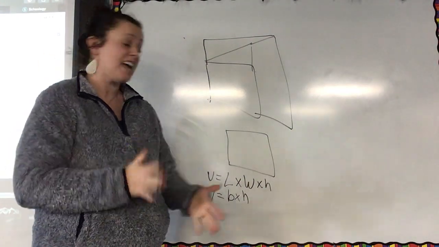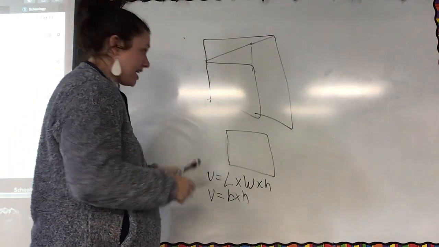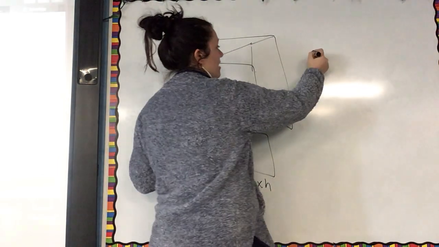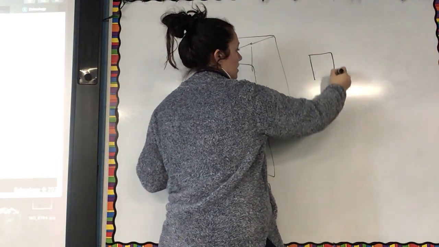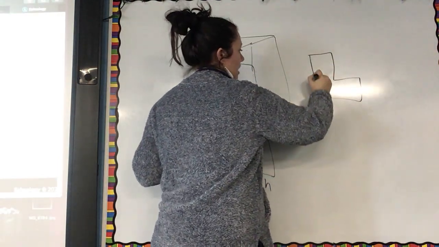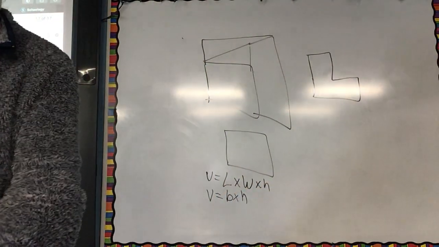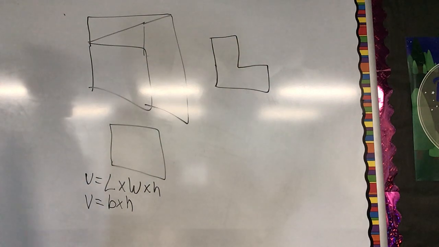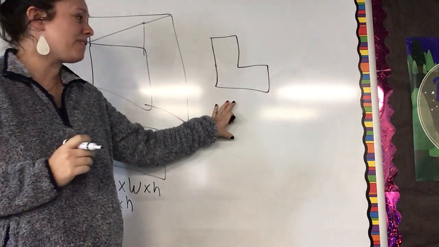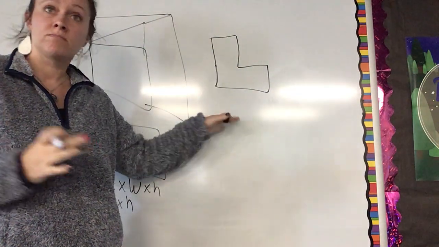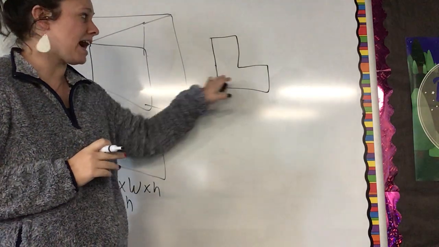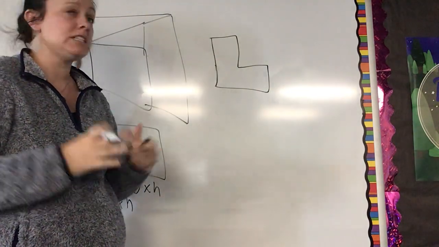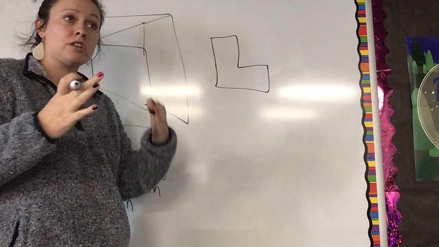Today, this lesson is going to have, for example, a shape that might look something like that. And you're going to have to find the volume. Now, to find the volume of this shape, it gets a little different because I need to make this shape into 2 rectangular prisms.